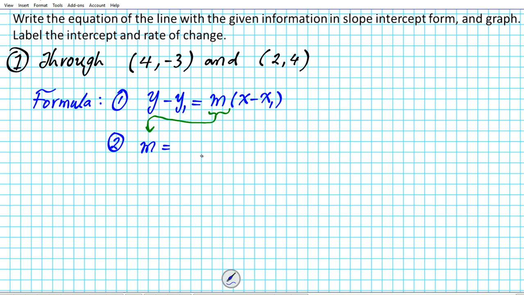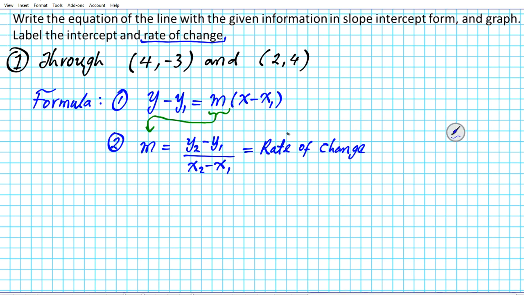The slope of a line given 2 points is y2 minus y1 divided by x2 minus x1. This is known as your rise over run, also known as your rate of change. In this problem, you were asked to specify the rate of change on the graph. So that is simply the slope of the line that goes through these 2 points.